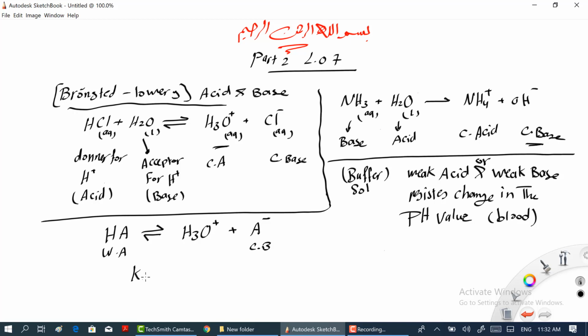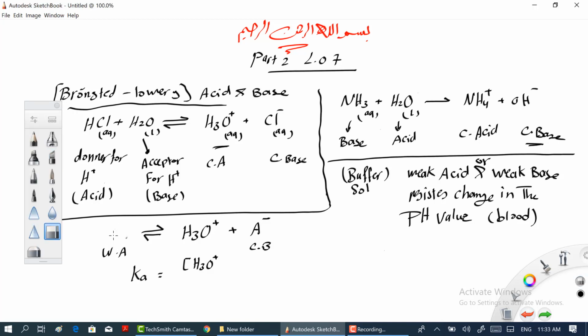For the value of the Ka, it will be the concentration of the hydronium multiplied by the concentration of A negative, divided by HA, for the weak acid plus H2O liquid.